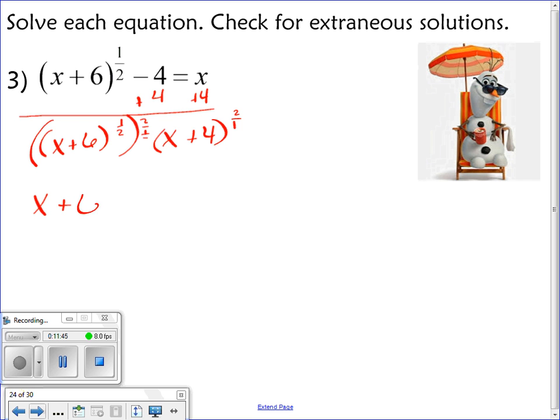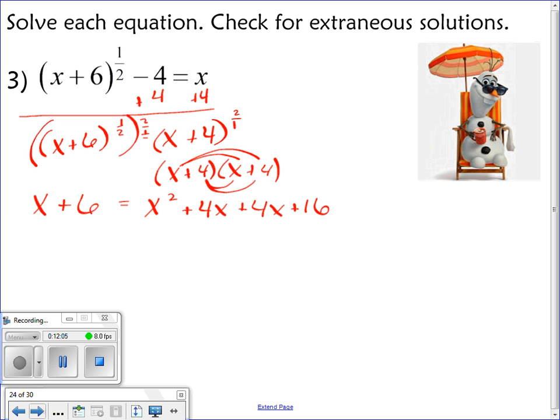Good, x plus 6. Good, this means I have 2 of them, so I really have x plus 4 and x plus 4 that we need to multiply together. So we'll have to distribute this. X squared plus 4x plus 4x plus 16.